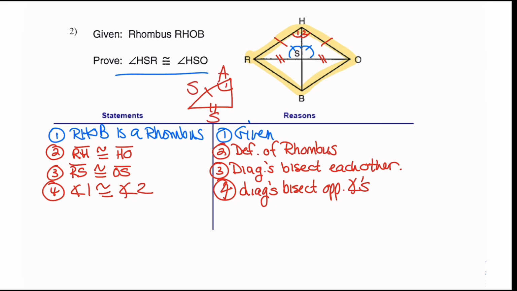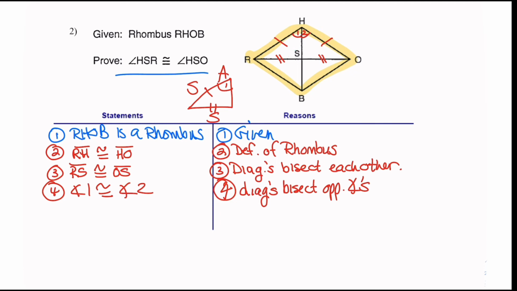Now, angle, side, side is not a valid reason, so I actually went about this a way that took me to sort of a dead end. I didn't really want to use those angles and that combination of sides and angles. So how might I adjust this proof? One of the reasons that we do proofs is to see where we might make adjustments. Okay, what can we actually get out of this?